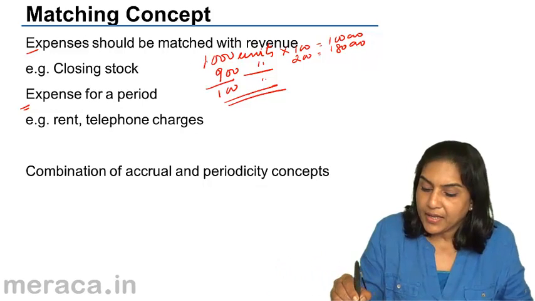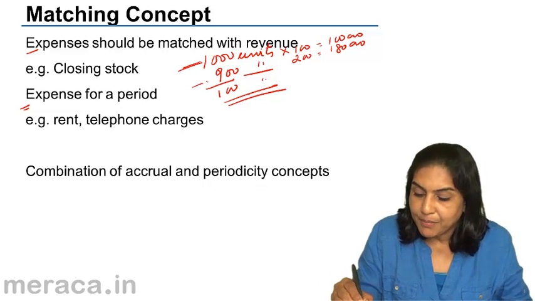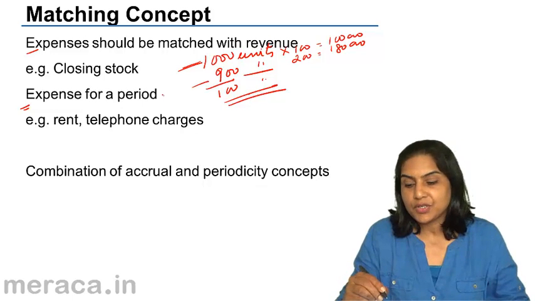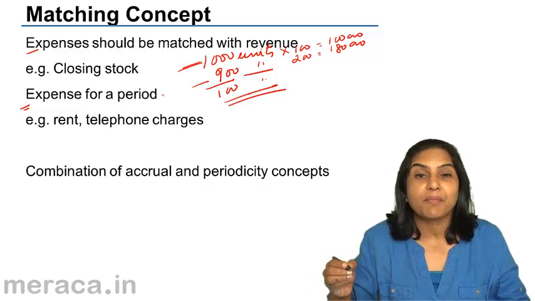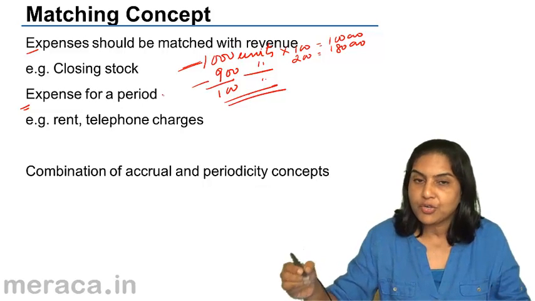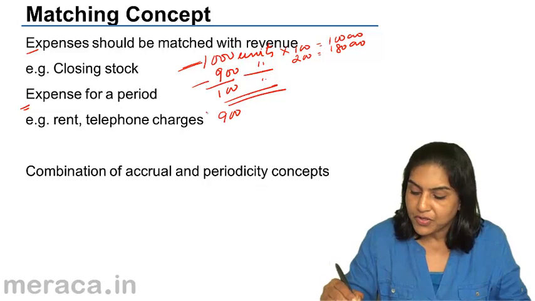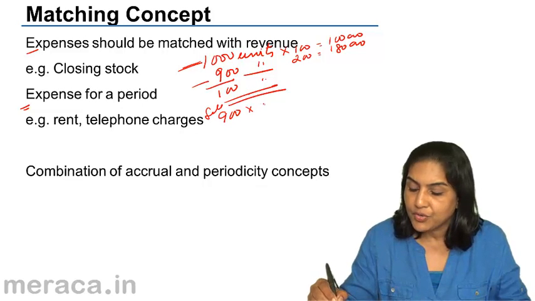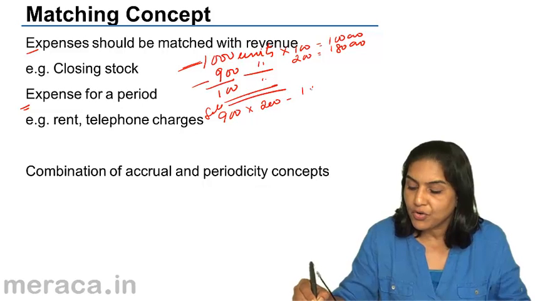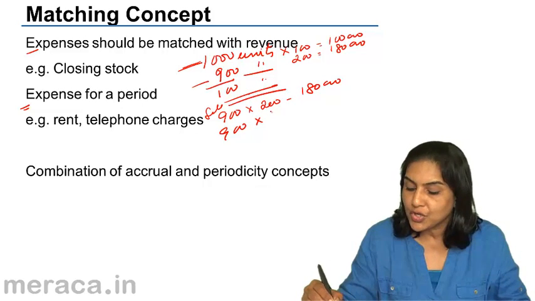To compare the cost of 1,000 units with the selling price of 900 units is not correct. It's not matched. There is a mismatch here. In order to ascertain the true profit, we have to take the sale of 900 units into 200, 1,80,000, and compare it with 900 units of 100 each, 90,000.